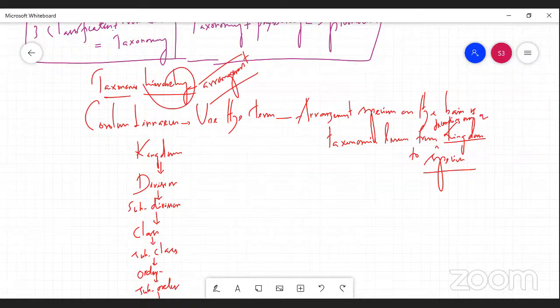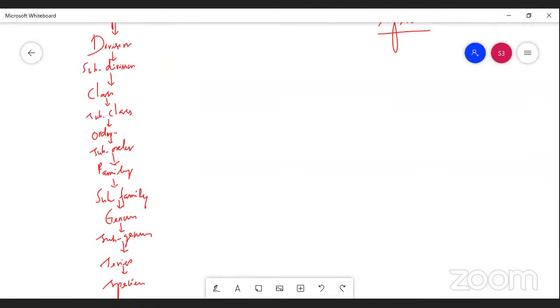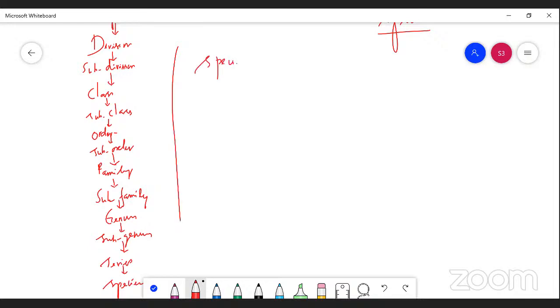Among these, the smallest level of classification is species. Species is the lowest unit of classification, and it possesses more similarities than differences.